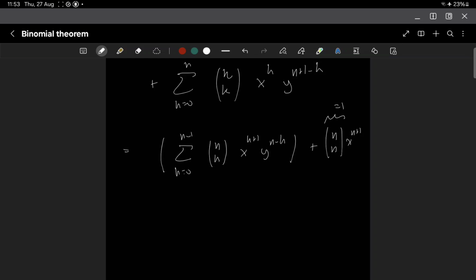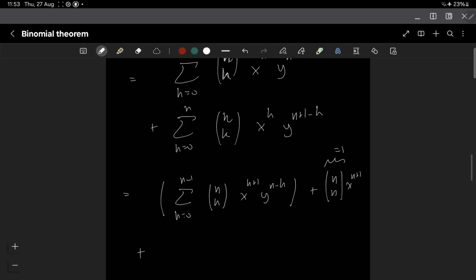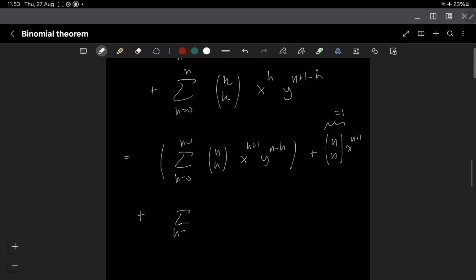The second term, I'm going to also split into two sums. Instead of going from 0 to n, I'm first going to take the term where k is equal to 0, and then add the term from 1 to n. So this is equal to the sum as k goes from 1 to n, n upon k, x to the k, y to the n plus 1 minus k.